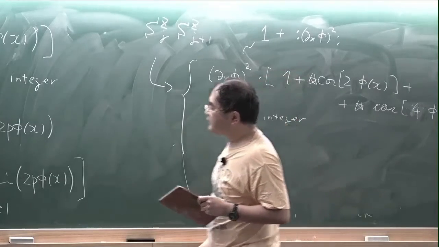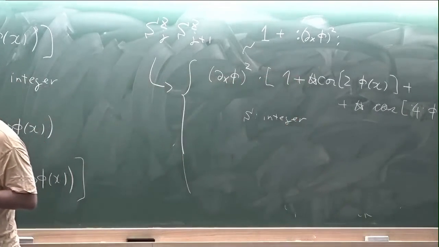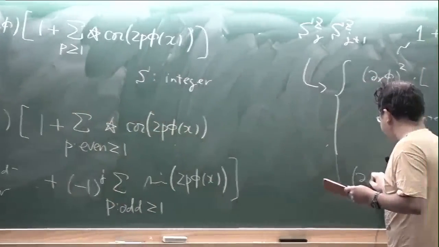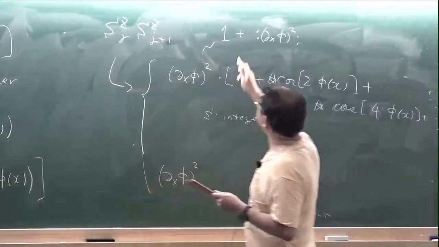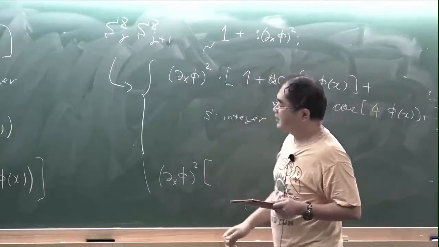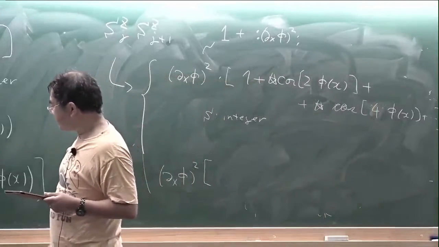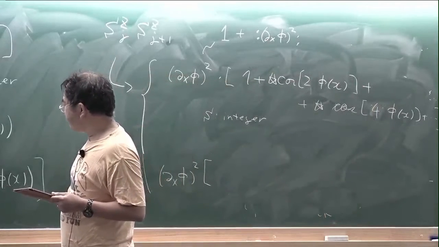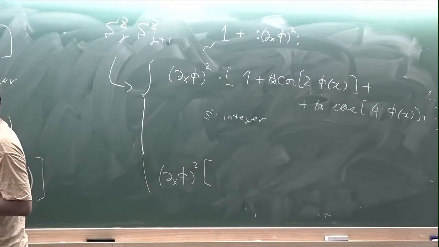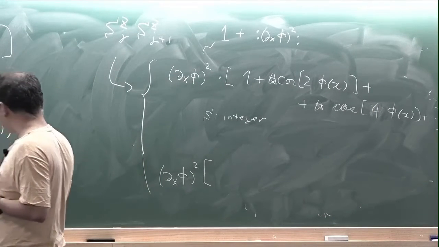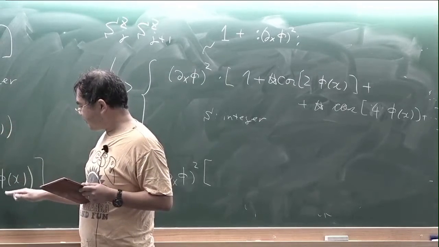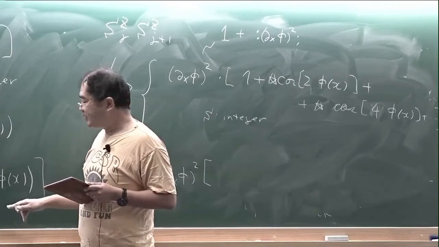And on the other hand, for half-odd integer spin, you have something similar for (∂x φ)², but this can be decomposed into 1 plus something. And now the situation is different because you have one, so the smallest exponent comes from p equals 1.